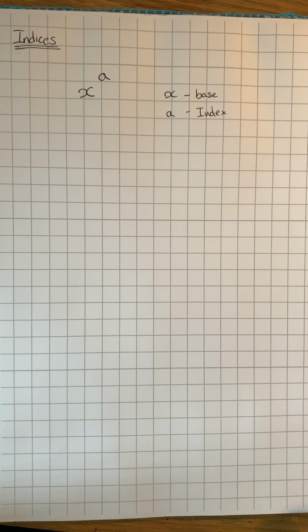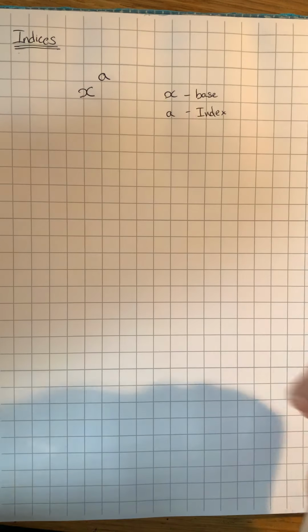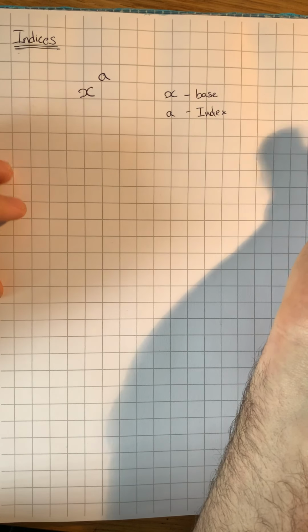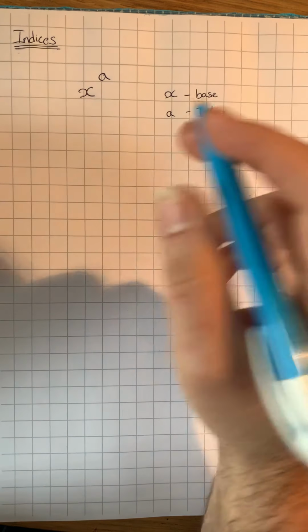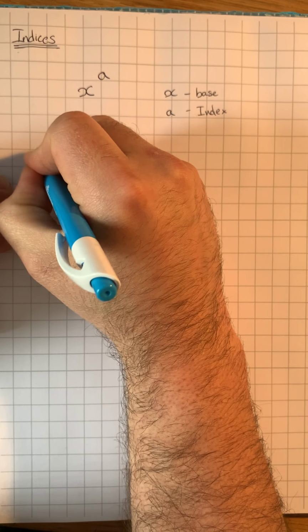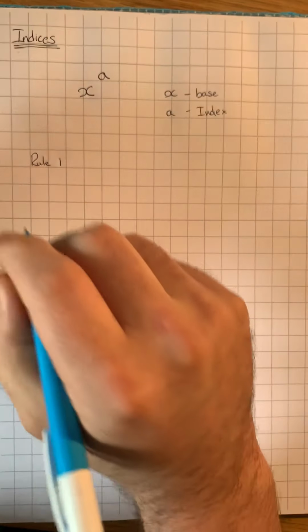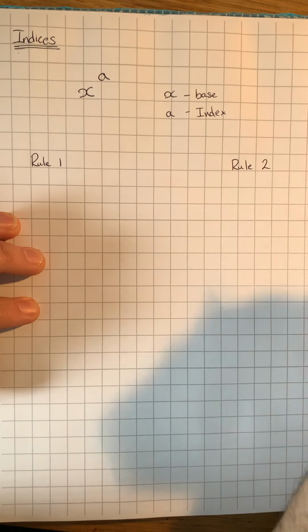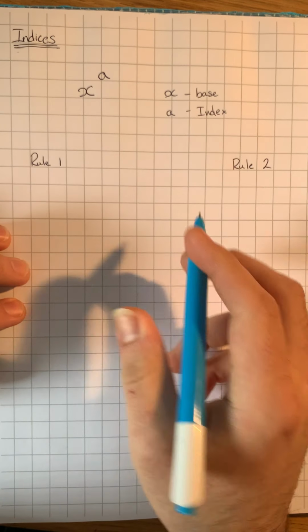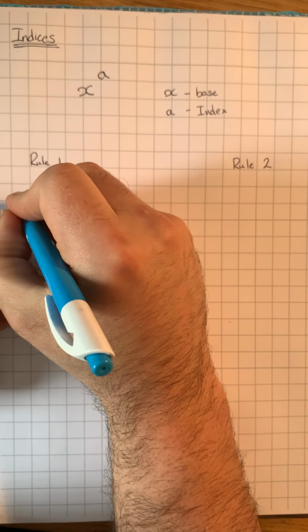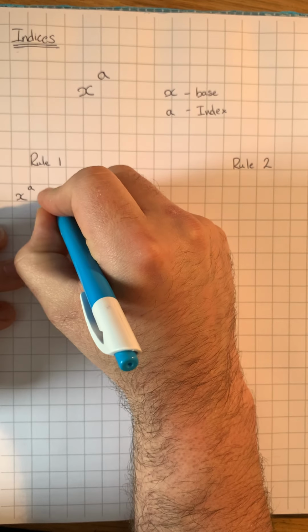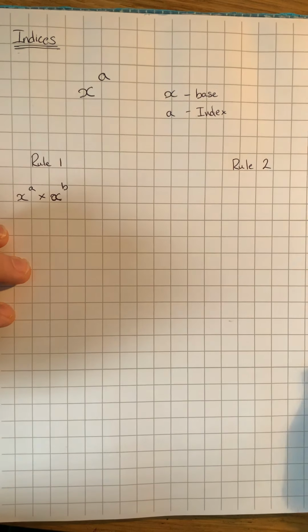But first of all, at National 5 level, we look at certain rules and certain things that we need to do with indices. We're first going to be looking at the first rule and the second rule. The first rule is talking about how we multiply indices.